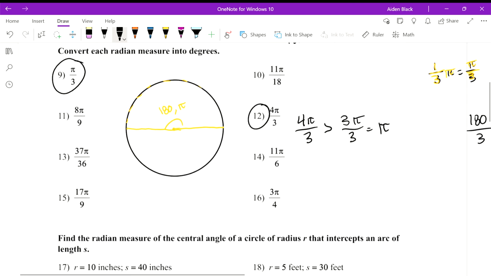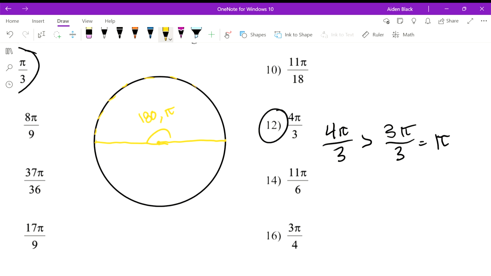Okay, so here's our circle. We know that we have 1 pi third, 2 pi third, 3 pi thirds. And so if we break the other half of the circle up just the same into thirds, we have 1 pi third, 2 pi third, 3 pi third, 4 pi thirds. So essentially here, we are 1 pi thirds past 180, right?